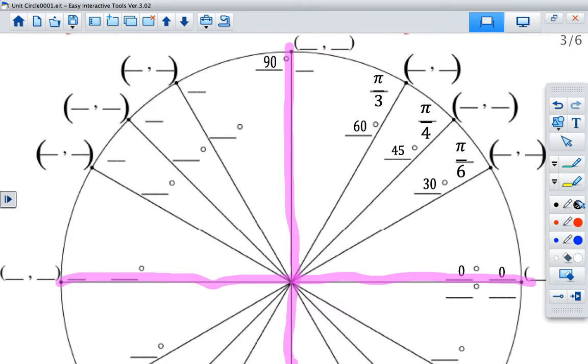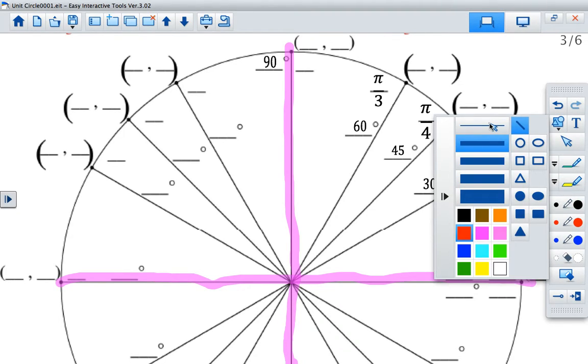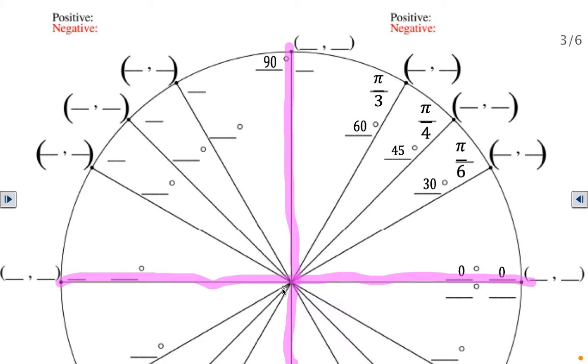Okay, and then let me do my actual lines. Lines are easier to deal with. Now I want that thickness. Let's do orange. Okay, and then at that point, you're going to break it into fours. So each quarter is broken into halves again.